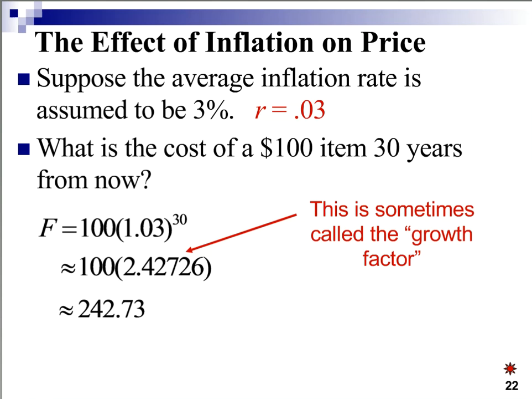We could have put that amount to be $1,000 or $3, it doesn't matter. What this is telling us is that with an inflation rate of 3%, 30 years from now, that item is going to be about 2.42 times as expensive as it is now. That tells you how inflation is affecting the cost of that item.